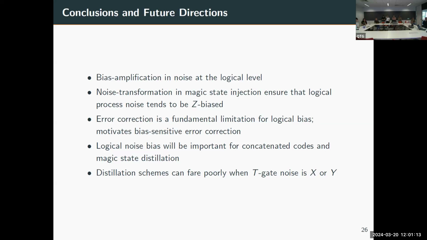Within the context of this work, the reason you'd care about high Z bias or some kind of bias is that distillation schemes fare a lot worse against X and Y type noise introduced to your logical qubits, because they don't commute with your phase gates. And so ensuring a high bias is really important for the performance of those schemes.